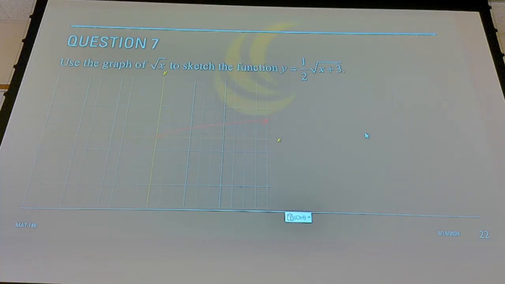Running for 1 over 1 half, right? Yeah. How is that? No, how? Like horizontal or vertical, you mean? Vertical compression by a factor of 2, I agree.